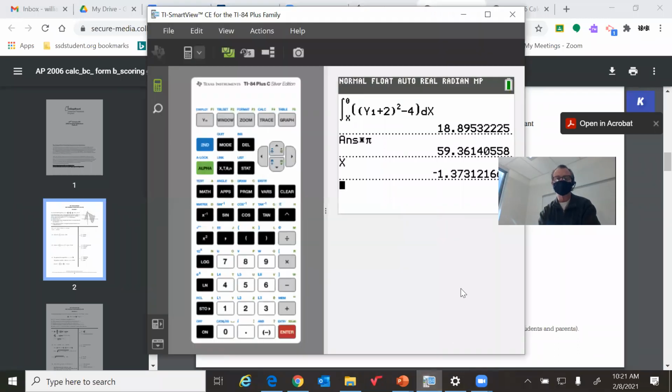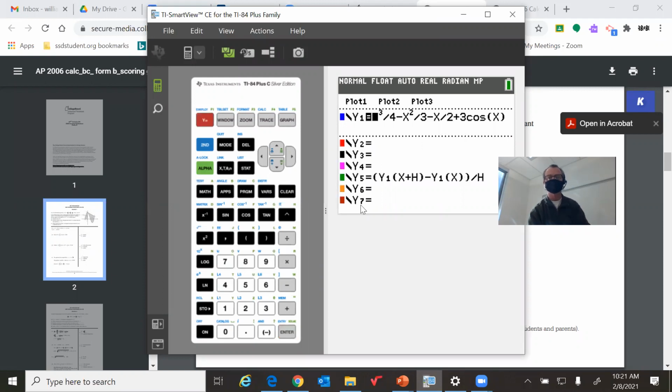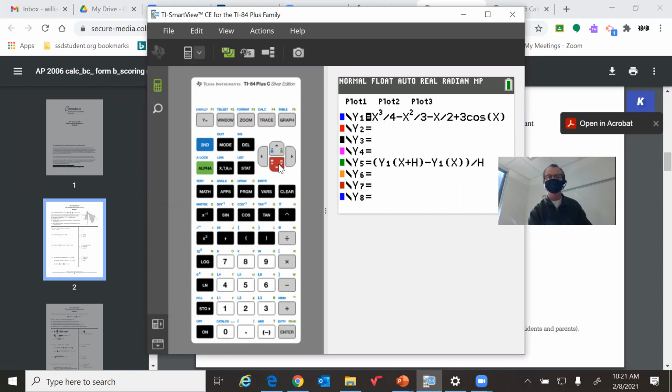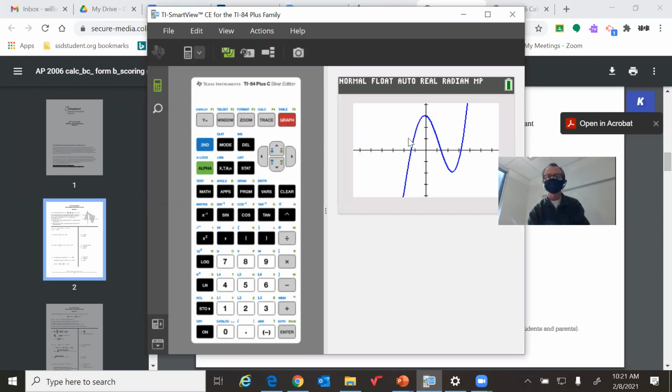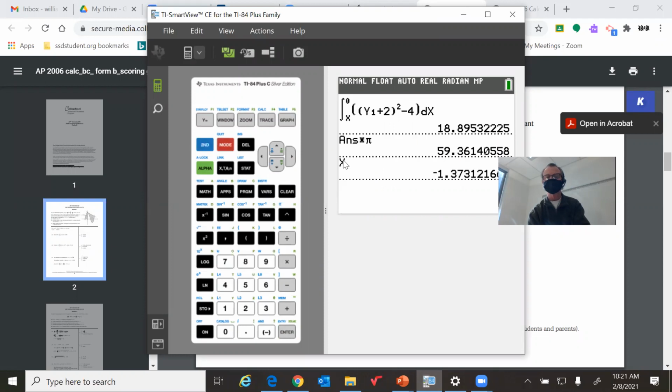So here's that problem. We go to y equals, we type in the function. We go to graph. We second trace 0 this. That value is stored in x, so that's our lower limit.